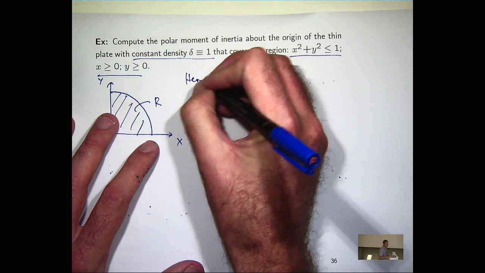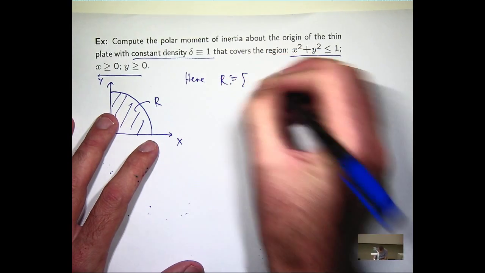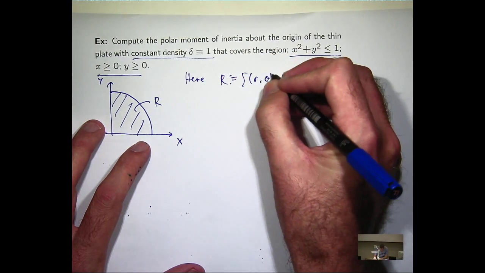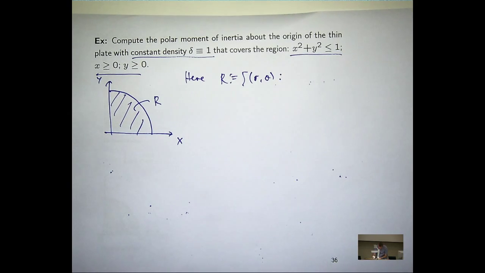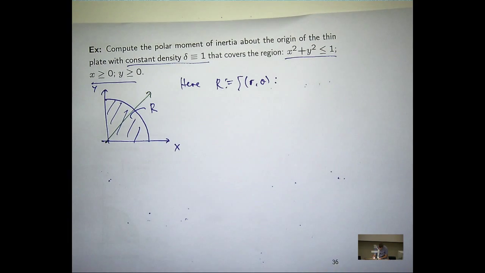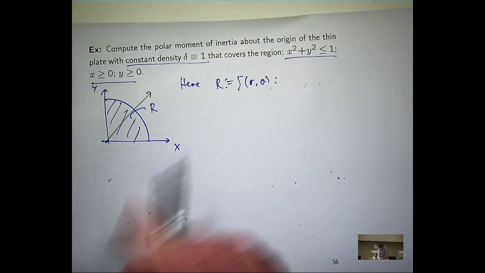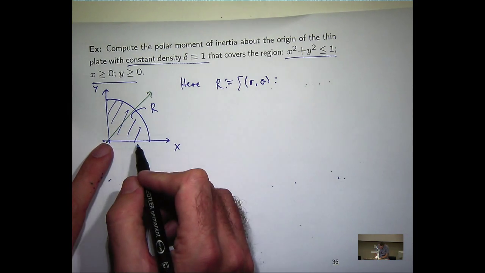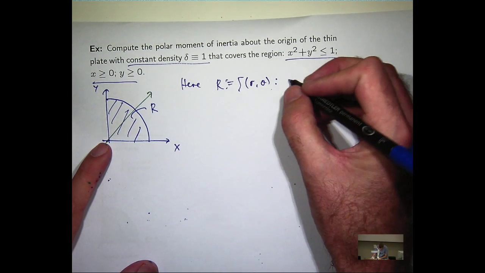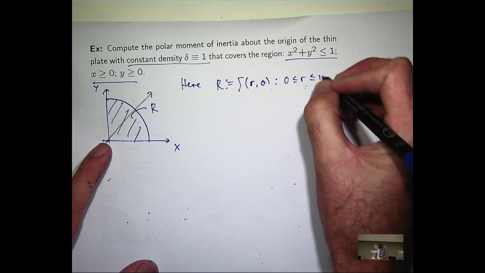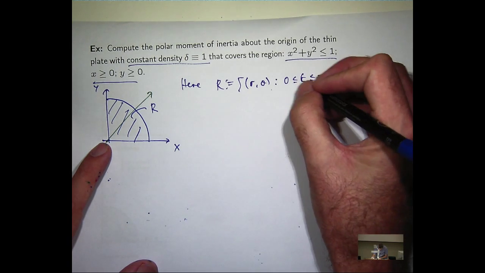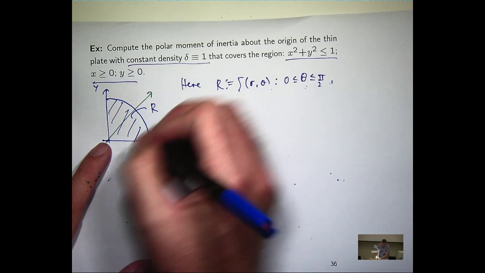So here, R is just our region R. Theta is between 0 and pi on 2, and r is between 0 and 1.